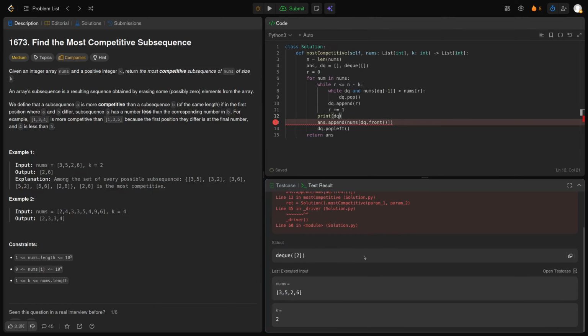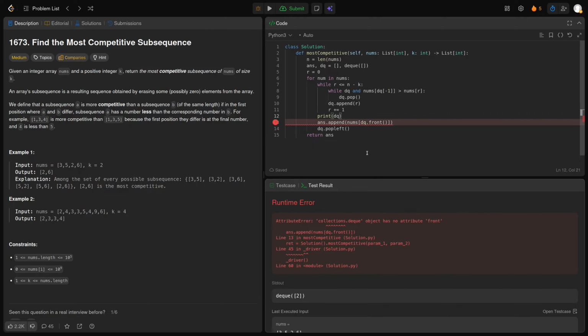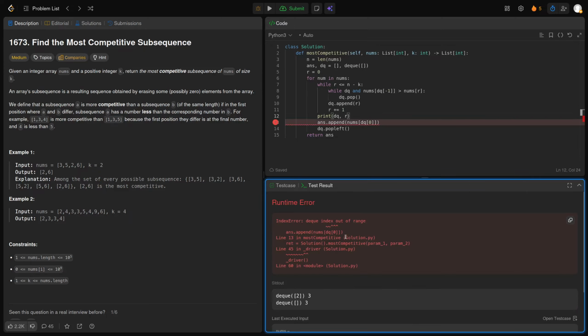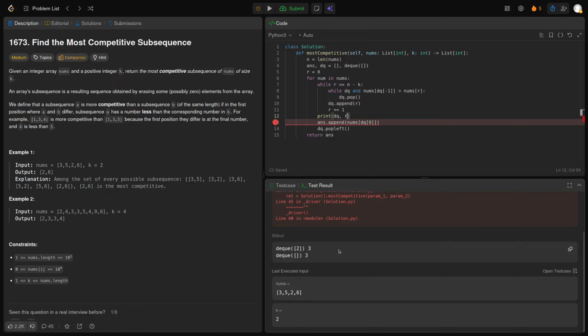Let's see. I think it should be 3, no? Because we had the 0.